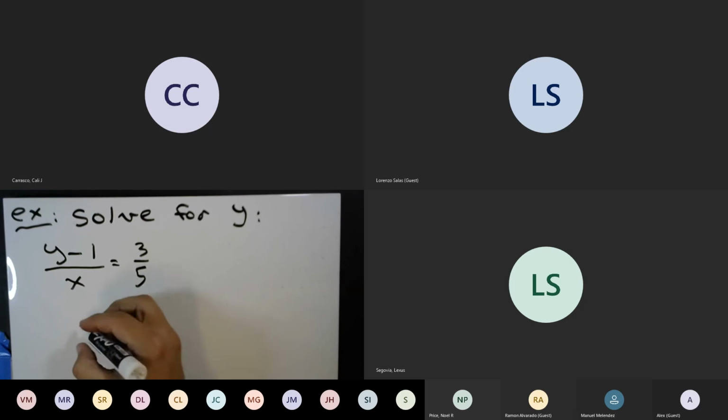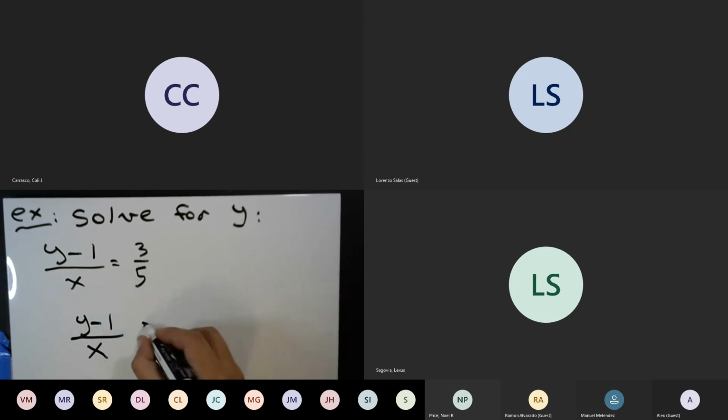So what we typically will see people do, and it might be a little sloppy, but it's a shortcut. If we're dividing this entire thing by x, we multiply the entire thing by x.